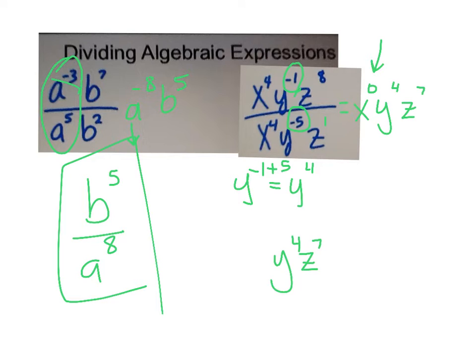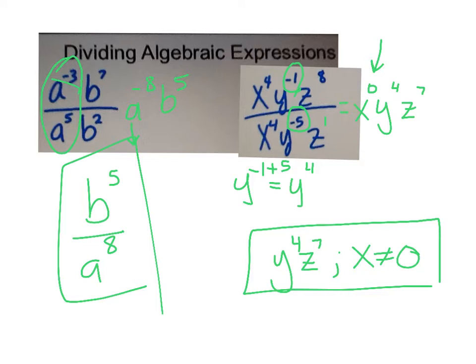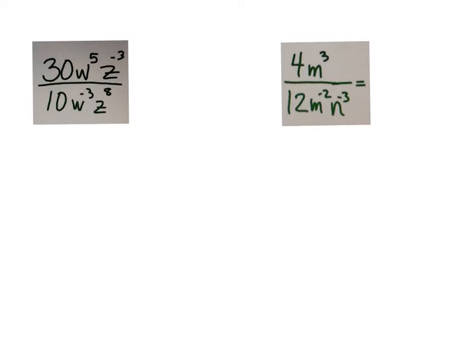And hopefully in your mind you're saying again, anytime you have a variable to the 0 power, yes, it goes away, but you need to include that that variable cannot equal 0. So our final answer here is y to the 4th power, z to the 7th, and then including that x cannot equal 0. Okay, pay really close attention to your positives and negatives.